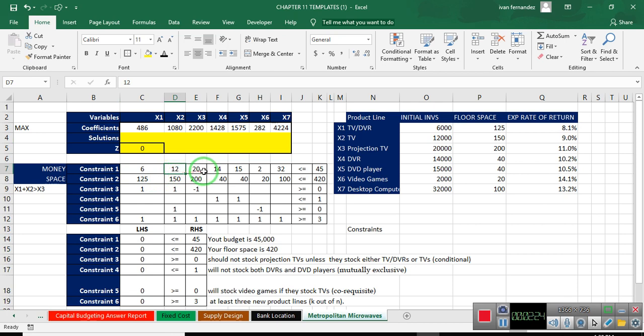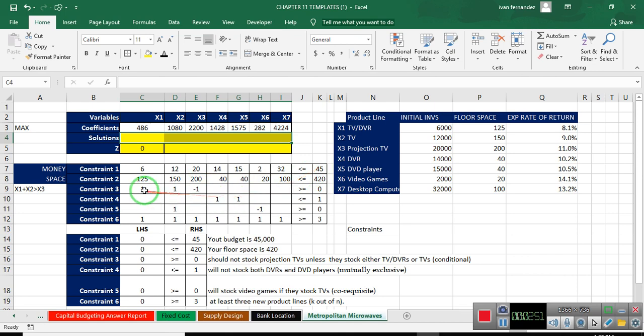This one's going to cost 12,000, 20,000, 14,000, 15,000, 2,000, and 32,000, right from the table. Now, all of those combined cannot be more than 45,000, because that's our budget, 45. When this gets populated, that's going to get multiplied by this, and that's how solver knows not to go over 45.